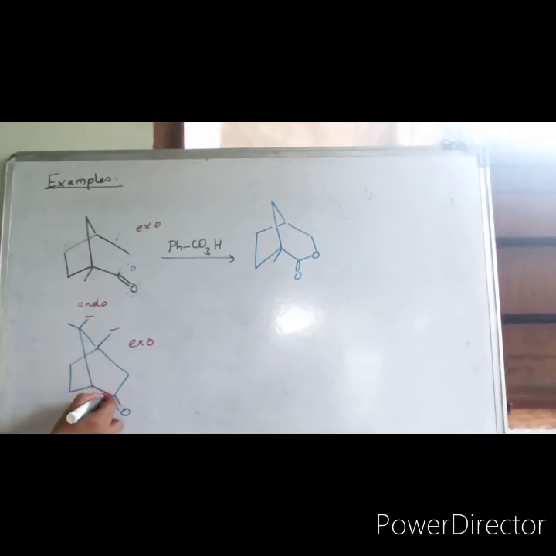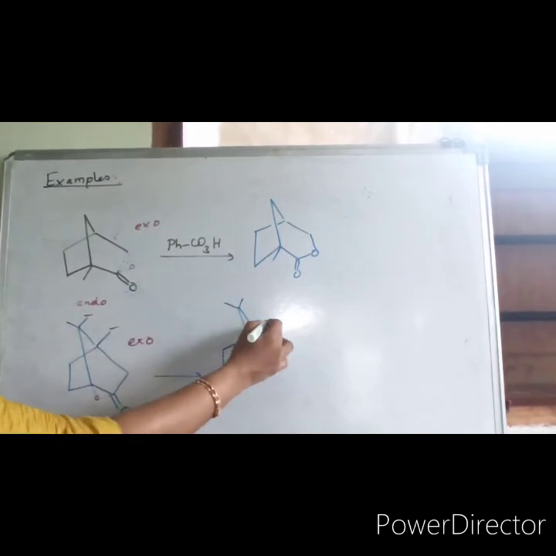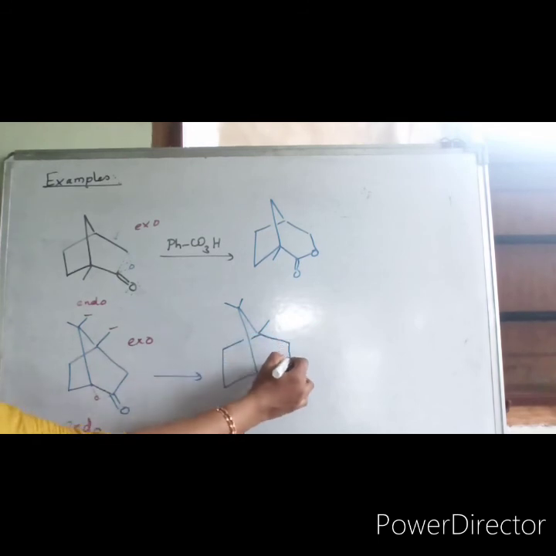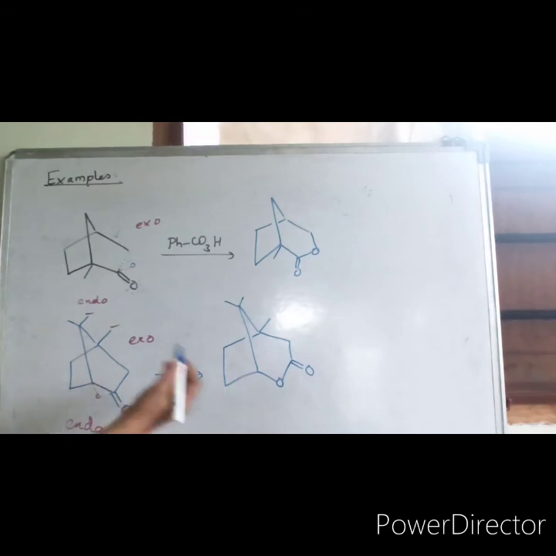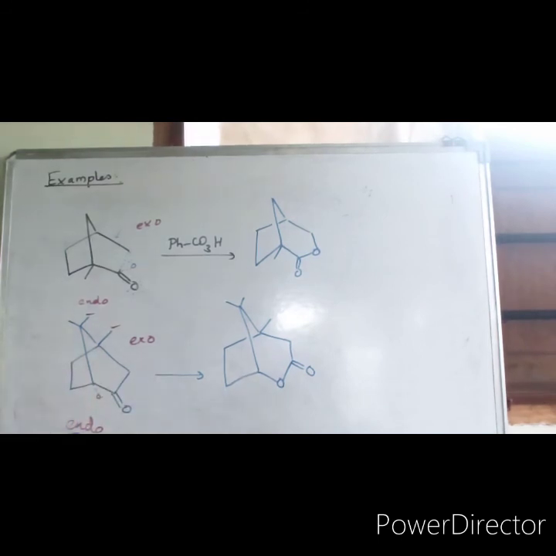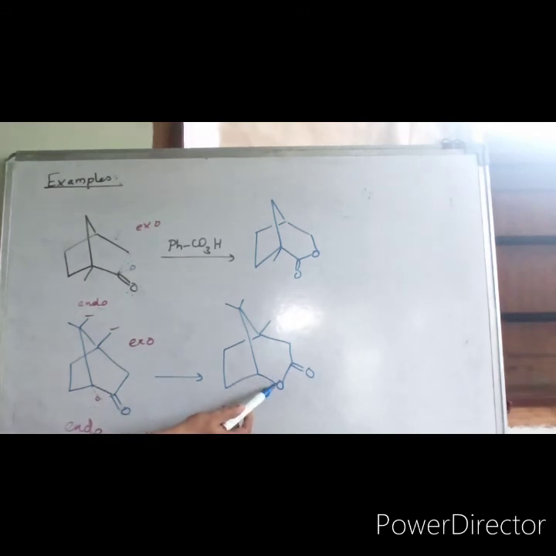This bond will be breaking. So you can write the product easily. Cyclic system with methyl group, and here nothing will happen. Double bond O, here oxygen. So this is the product. Since the exo face is crowded, in that case migration happened from the bridgehead. So you will be getting oxygen over here.